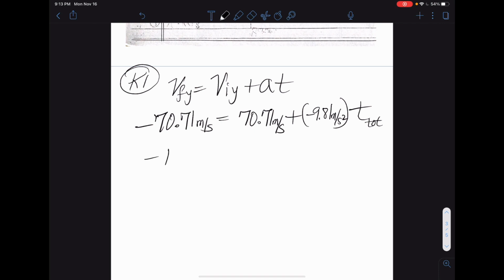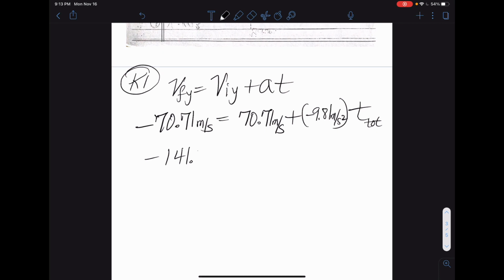Kick this over to the other side. We get negative, what is that, 141 point. It's getting too late. Can I do that in my head right now? Just get my calculator and do it. 141.42 is equal to negative 9.81 T total.